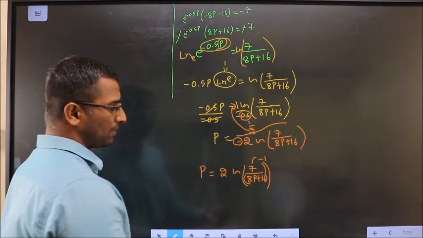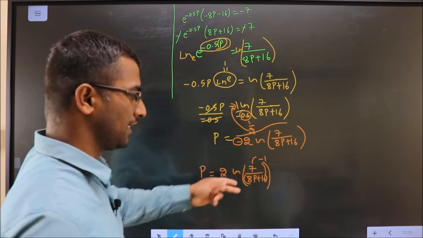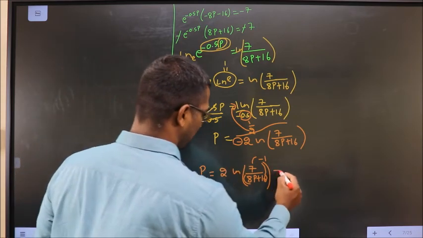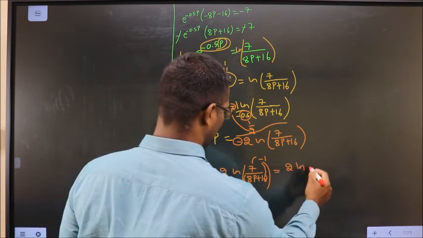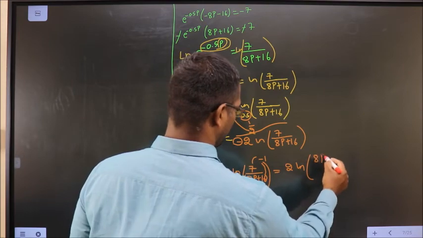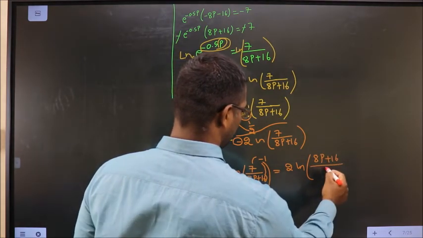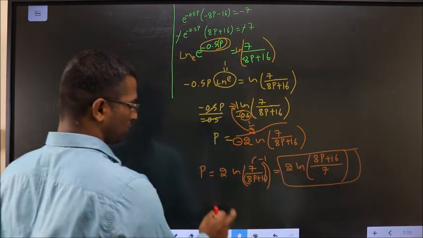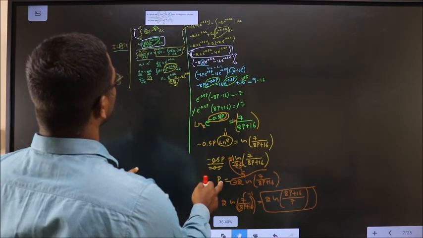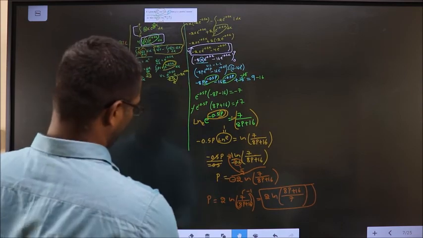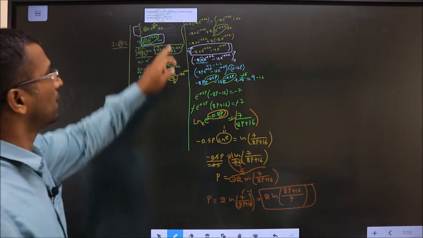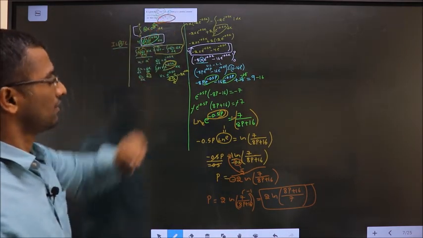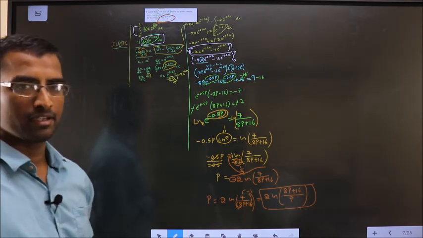To make the power positive, interchange them. Thus, it will result in 2 ln of 8p plus 16 by 7. This is what we had to show, and we got that one. Is it clear? Okay.